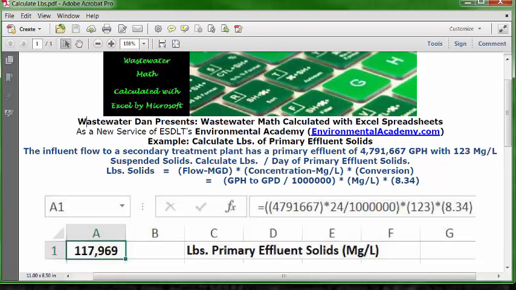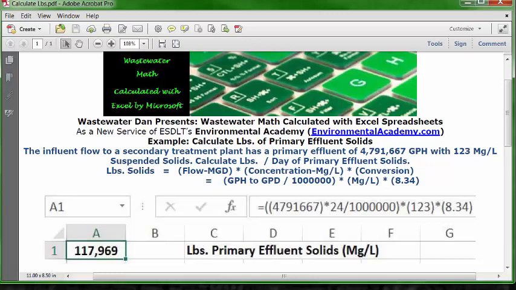The flow rate, however, is given to us in hours. And so we're going to show in the formula the conversion factor from hours to days, and then gallons per day to milligrams per liter.